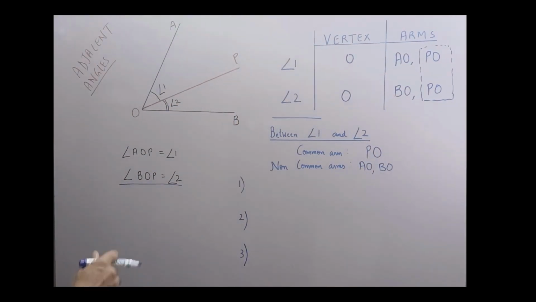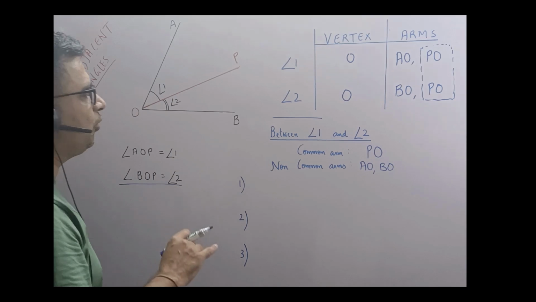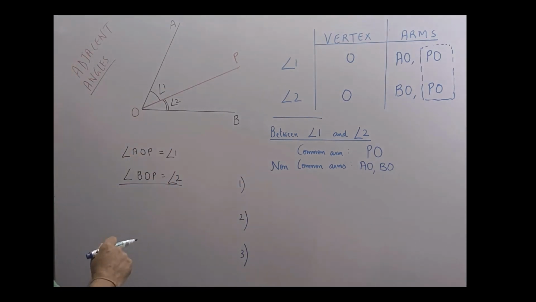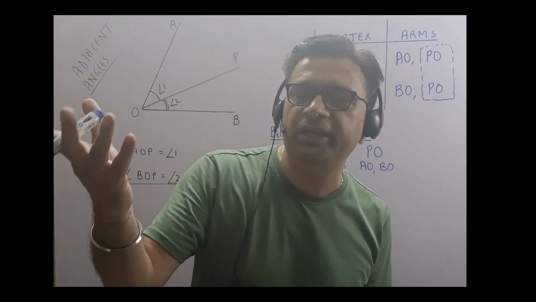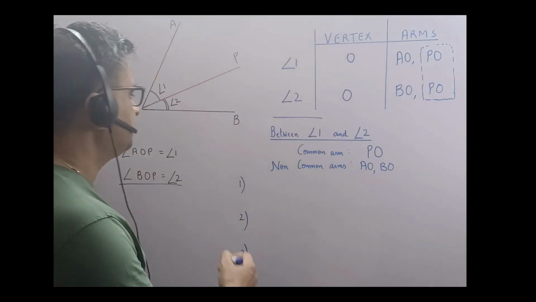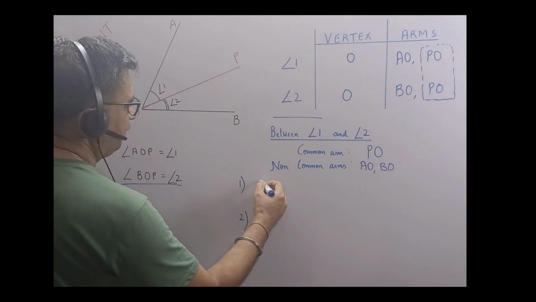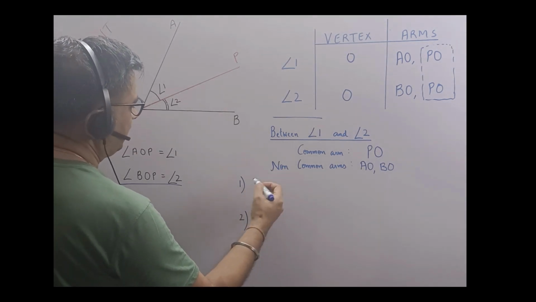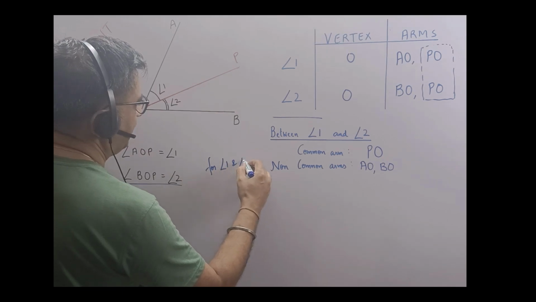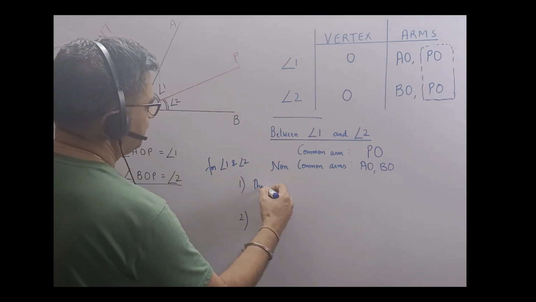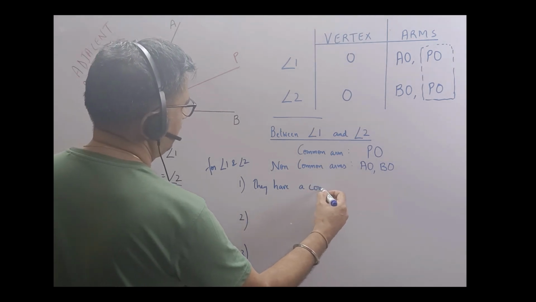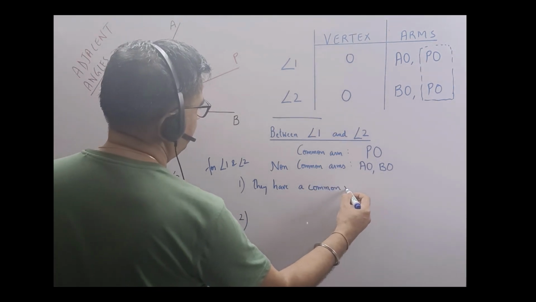AO and BO. Now, after we have established all of these, let us study a few things for angle 1 and angle 2. Well, we have been studying angle 1 and angle 2 anyway, but let us now make some conclusions based on what we have derived. So, for angle 1 and angle 2, they have a common vertex.